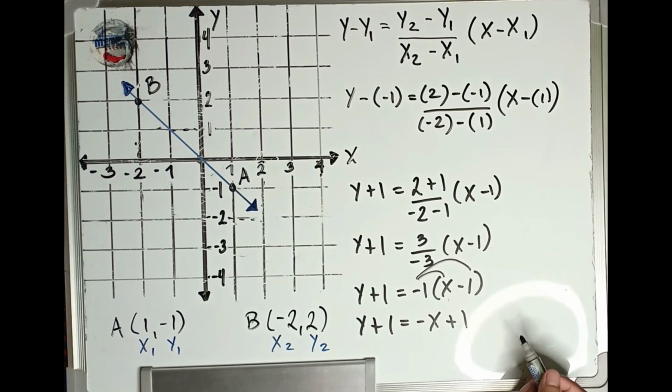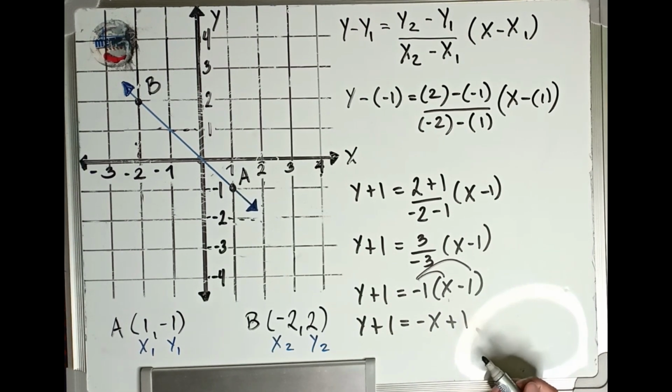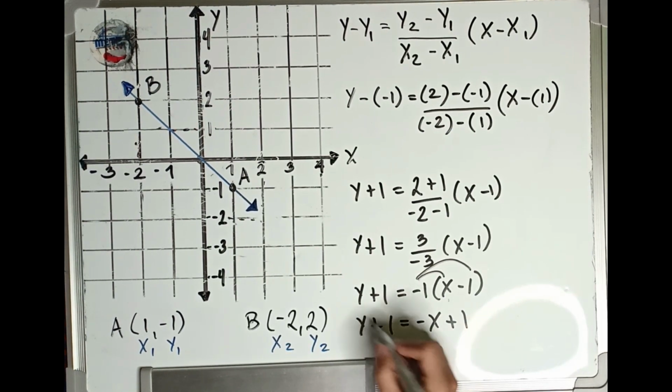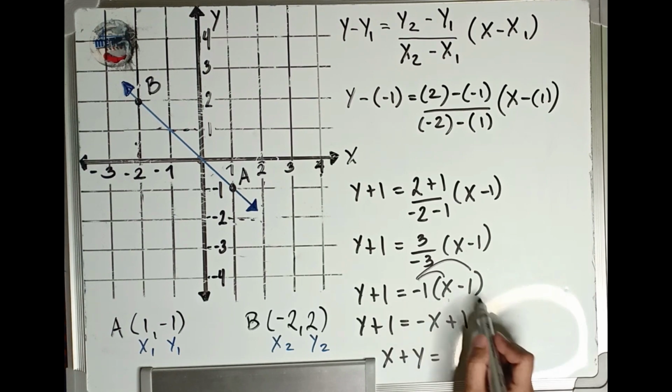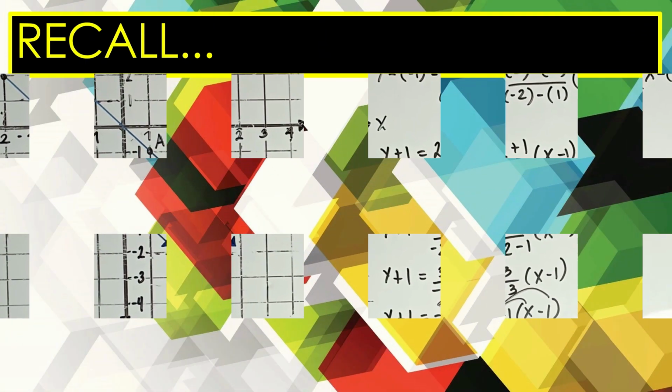Then, we're going to transpose x on the other side to form the standard form of the equation. So, negative x transpose will be positive x, copy y, so that is positive y, equal sign, 1 will be transposed on the other side, so it will become negative 1 plus 1 is 0. So this will be the equation of the line.